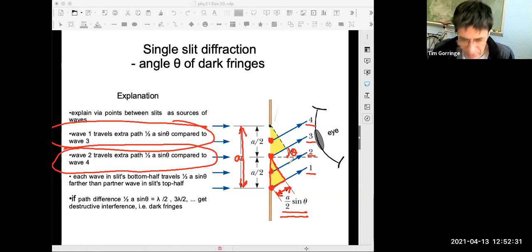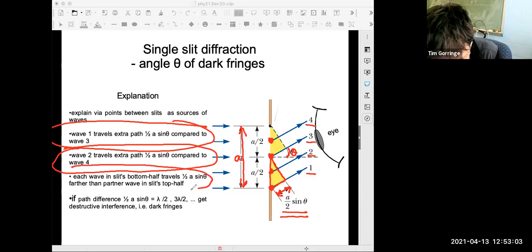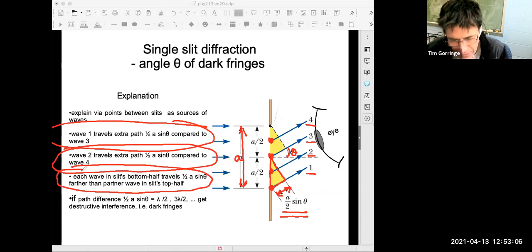In fact, every little wavelet emerging from the bottom half of the slit has a partner wavelet on the top half of the slit, and the wavelets from the bottom half are always traveling that little extra distance, 1/2 a sine theta, compared to their partner wavelet on the top half of the slit. And that's this point here. And this is a big point, so let me circle it twice.